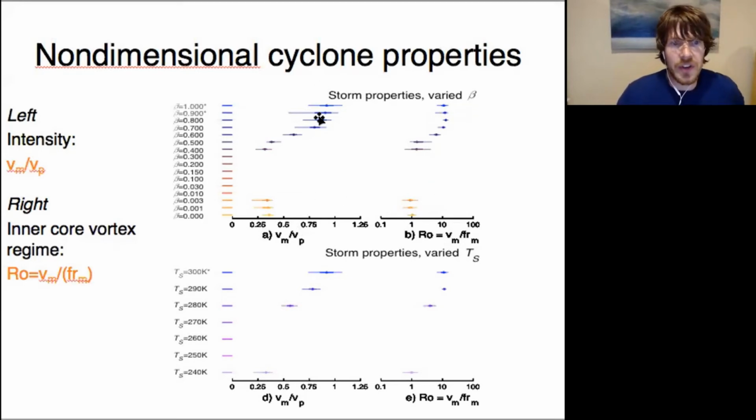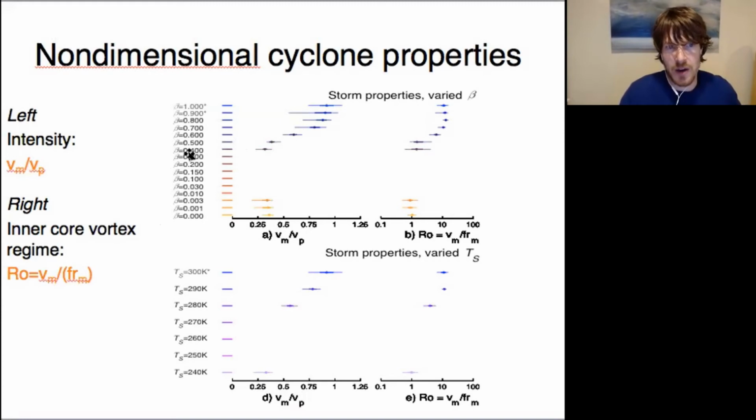So we see that both moist storms, so this is showing a series of simulations at different surface wetness, and a series of simulations at a different surface temperature on the bottom, both moist storms and warm storms have maximum velocities that are close to their potential intensities, so values close to 1. But as you dry out the storm or cool the storm, you decrease that ratio.